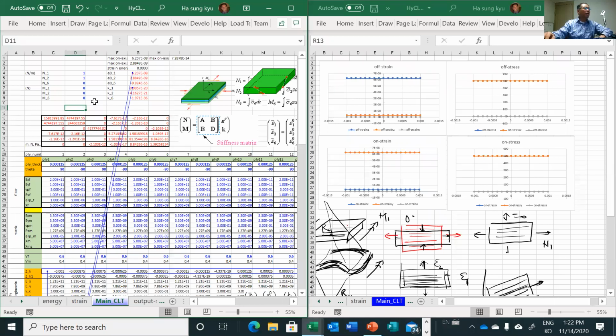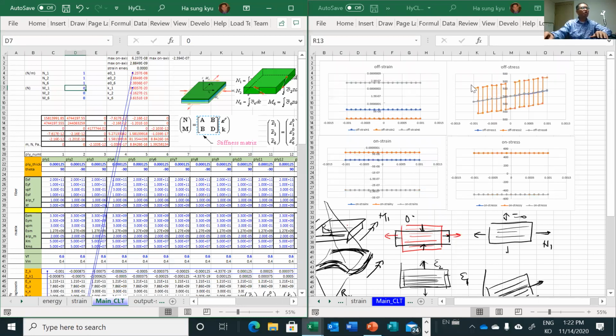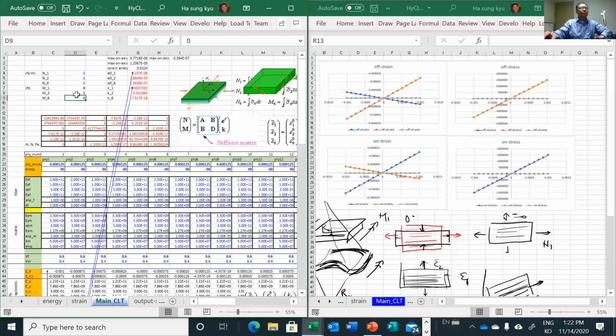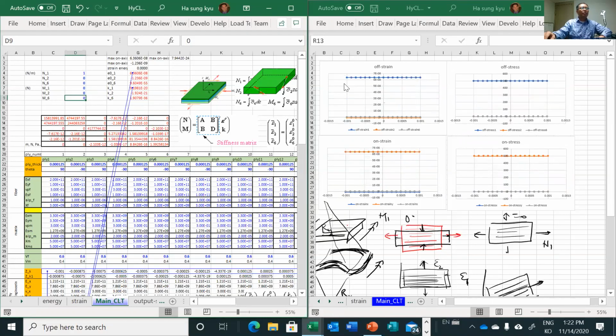If we apply any load, this is automatically changing, as you can see, even for the moment. Well, we need to get used to this kind of distribution for the given load. So for a while, I highly recommend you play with these values and see how these strains and stresses are distributed for the given layup sequence.